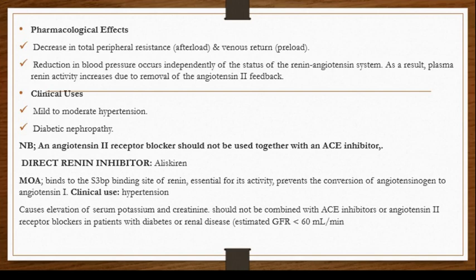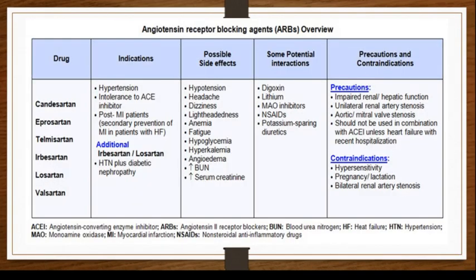So if the patient's glomerular filtration rate is below 60 milliliters per minute, you may not want to give this drug to the patient. Now in this slide we have all the angiotensin receptor blockers brought together, and when they are indicated, also their side effects, as well as the cautions we need to take before we give these drugs, and their contraindications.